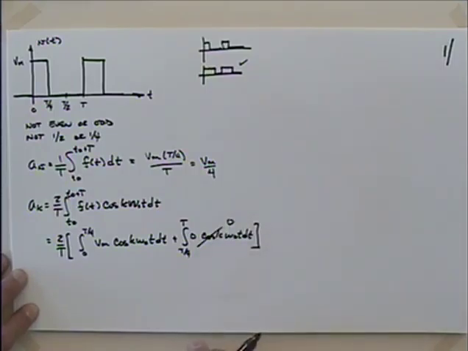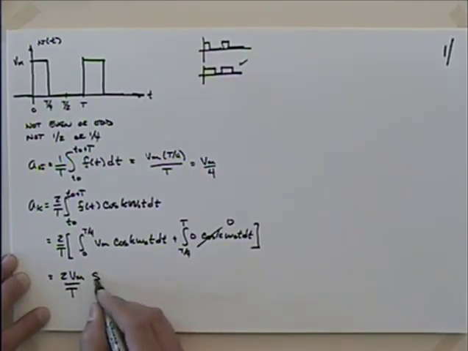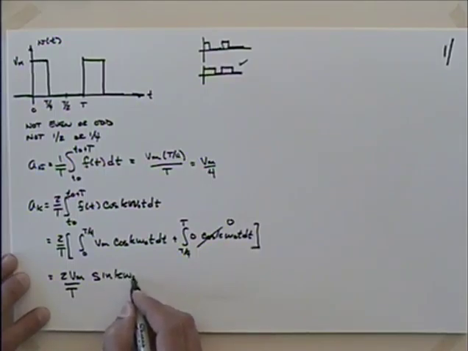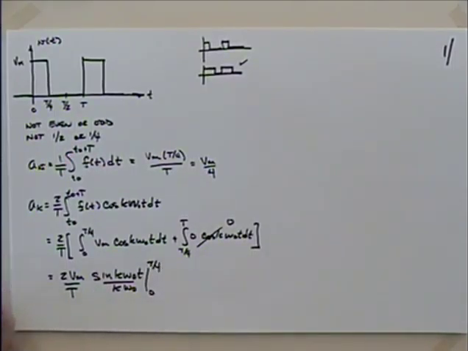We recognize that right off as 0. So if I go through this and do the integration, I have 2 Vm divided by T times the sine of k omega naught t over k omega naught evaluated at 0 and T over 4. That's an easy one because it's just the integral of cosine, isn't it?